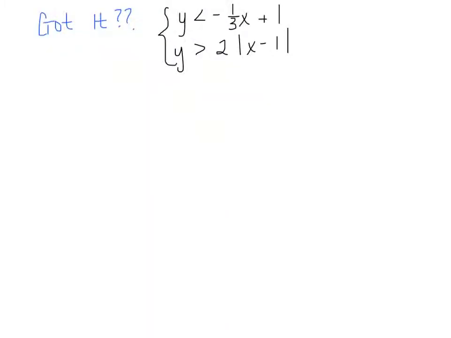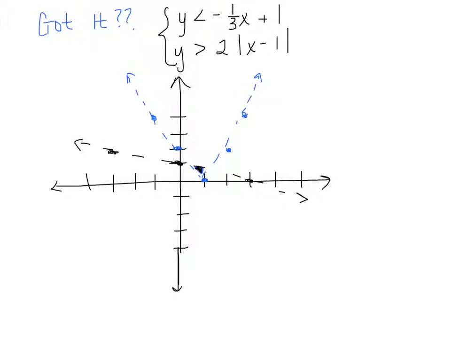Okay, I want you to try this one just to make sure that you understand how to graph a linear and absolute value system. So then we'll check our answers when you're done. Okay, on this one, I only showed the region where the colors would have blended. So the first inequality, my y-intercept was 1, and my slope was -1/3.